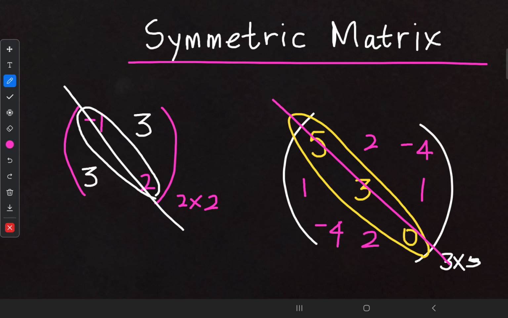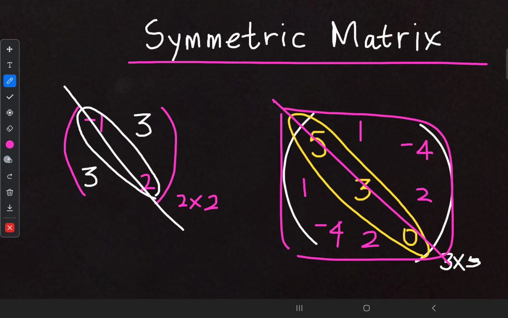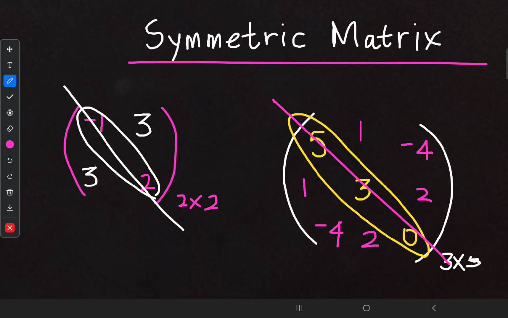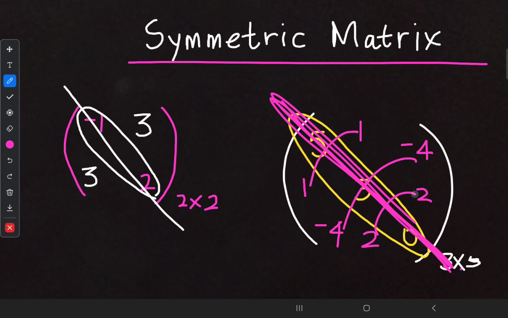You should think of this one as a mirror. When you bind your page, you are writing these 9 values in a page. When you bind that one through this main diagonal, the remaining values should be aligned with each other. So when we bind this 1 and 1, -4 and -4, 2 and 2, this is the way we identify our symmetric matrix.